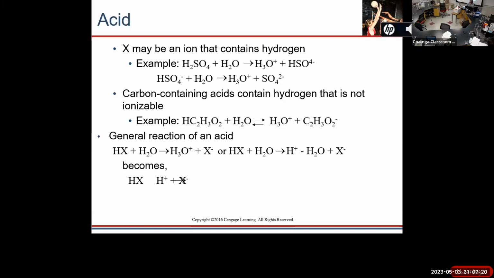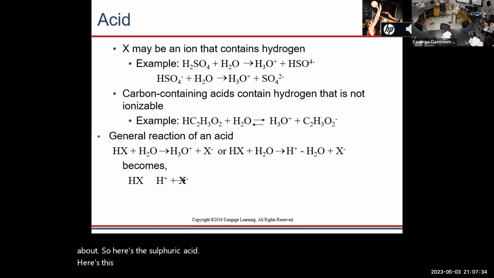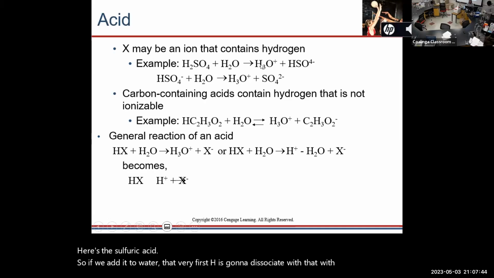Okay, so again, when we're talking about the acid, this is that example that you were just talking about. Here's the sulfuric acid. If we add it to water, that very first H is going to dissociate and attach to the water.